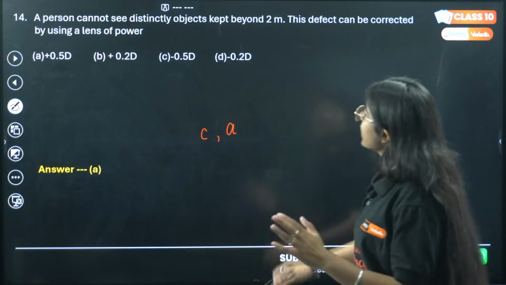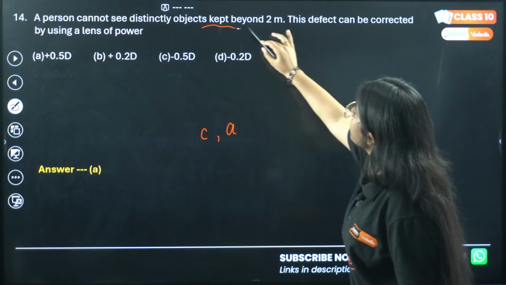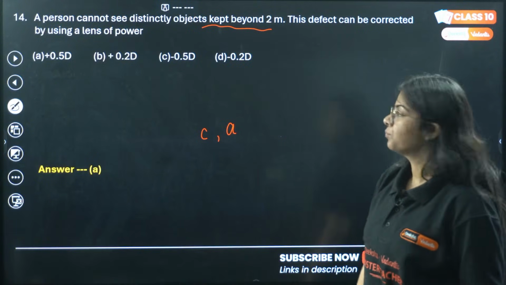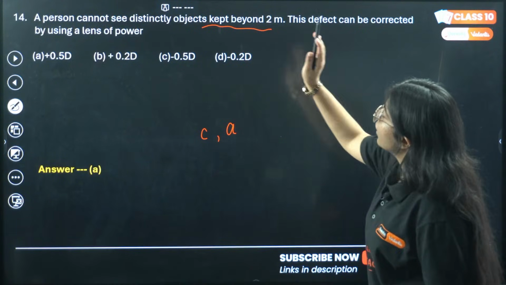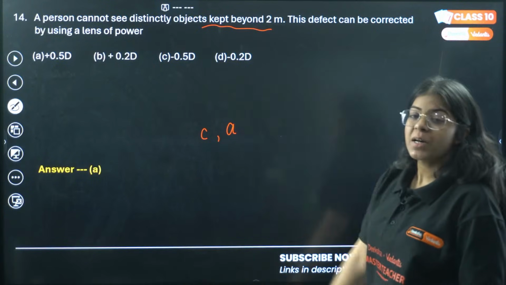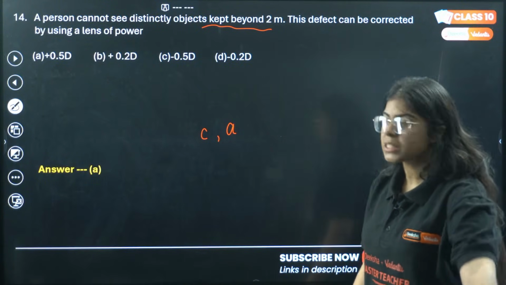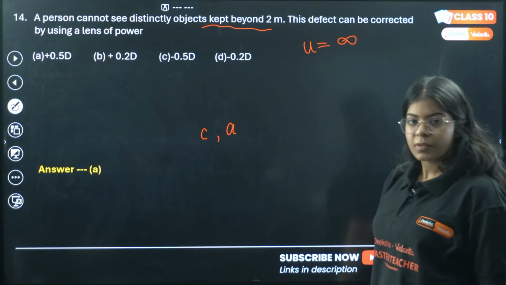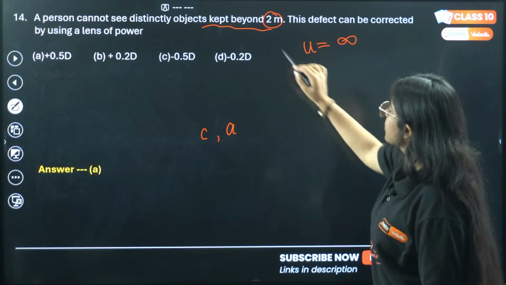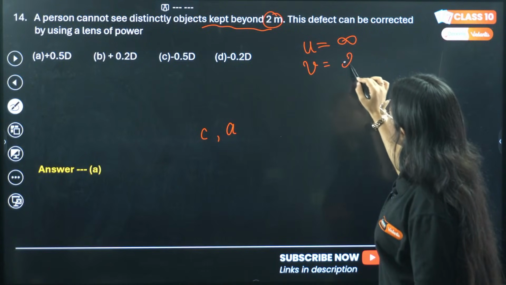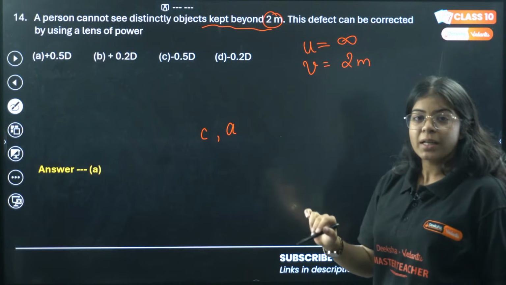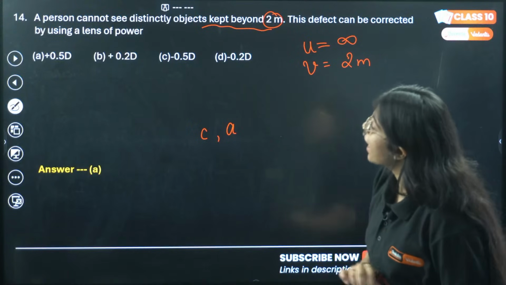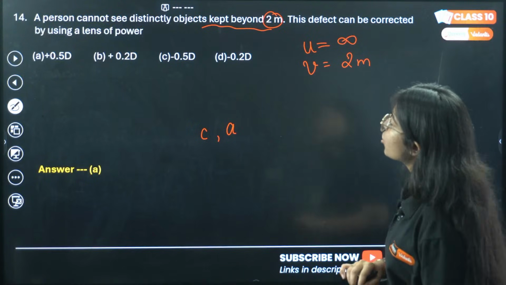Okay, let's see. The object is kept beyond 2 meter. Correct? So in this case, the person actually can't see distant objects. So in that case, we take U as infinity and V as 2 meter. Correct? And this defect can be corrected by using a lens of power what?